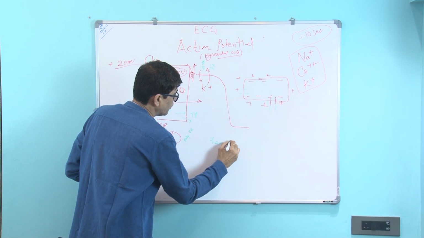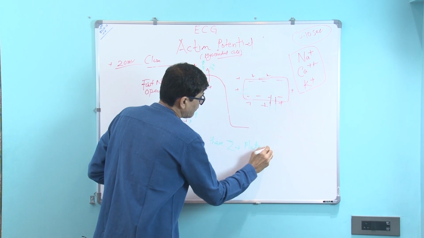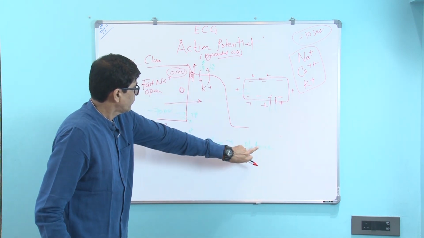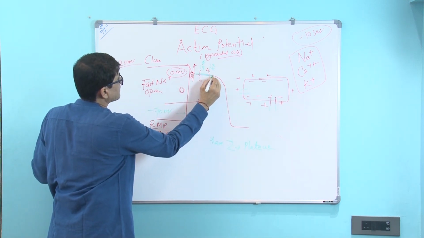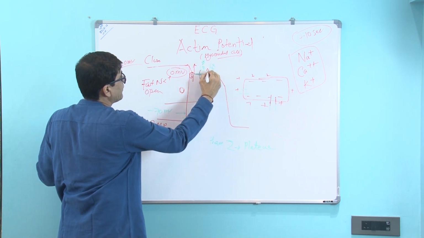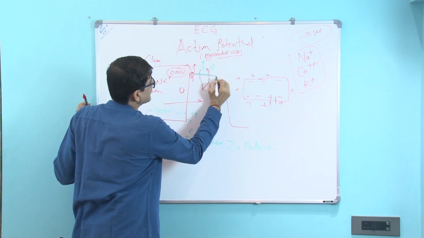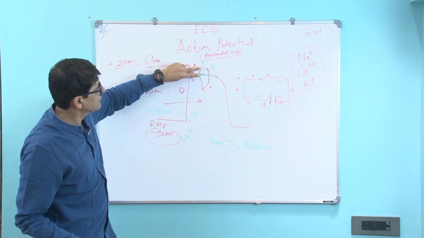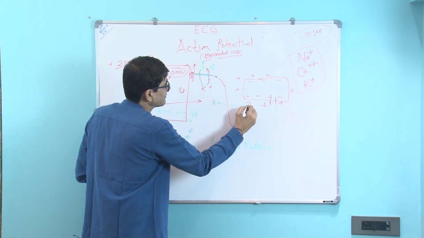Phase 2, plateau phase, because this remains here only, since one positive ion is coming in and one positive ion is going out. What happens here? The calcium channel closes, but potassium continues to go out.